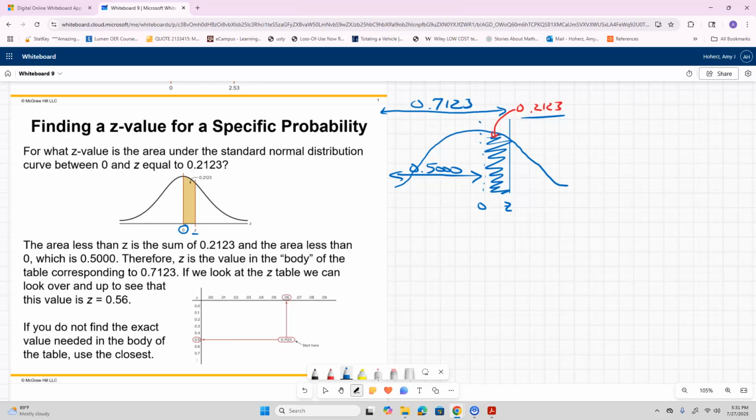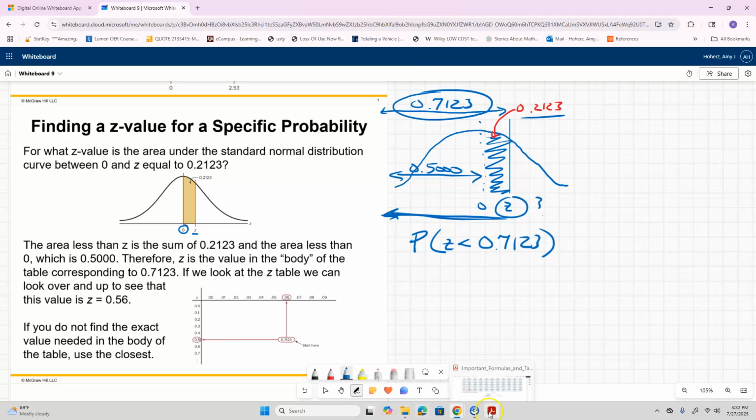So together, from here down must be 0.7123. Why is that important? Because that's what we need to look up on the chart. We want the probability that a z is less than some value, so we need to know what z we need so that below that I get 0.7123.